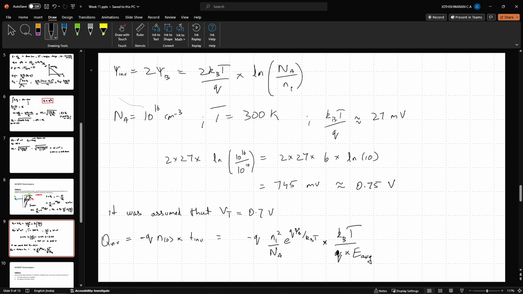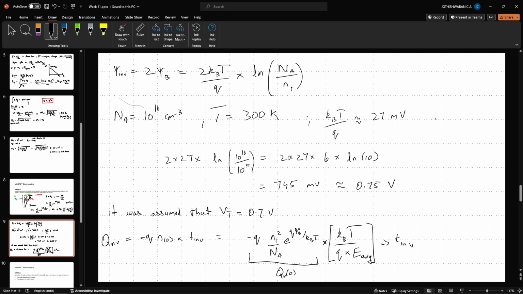Ultimately it all depends on the average value of the electric field. So this is T inversion, and this quantity here is the value of Qn0.